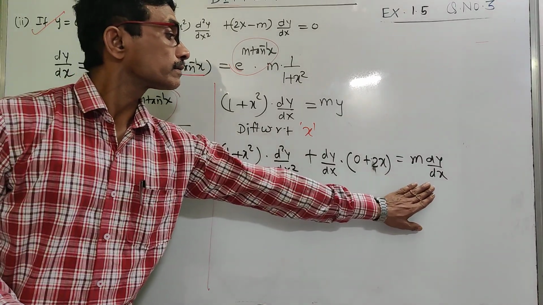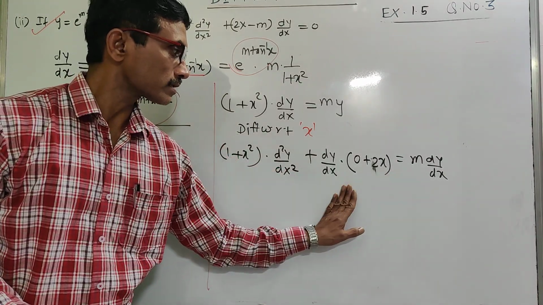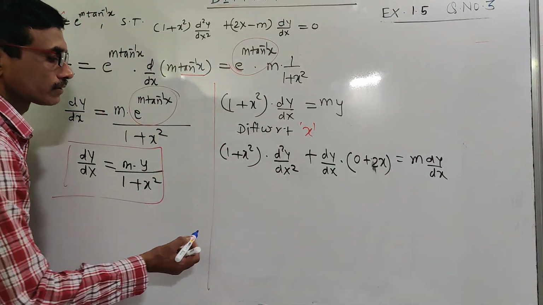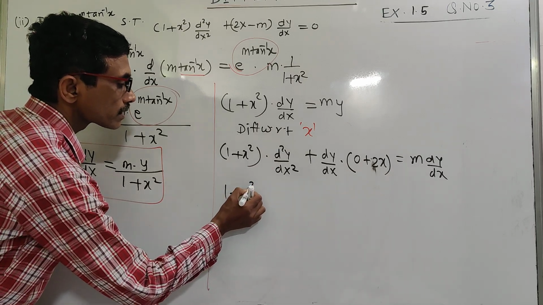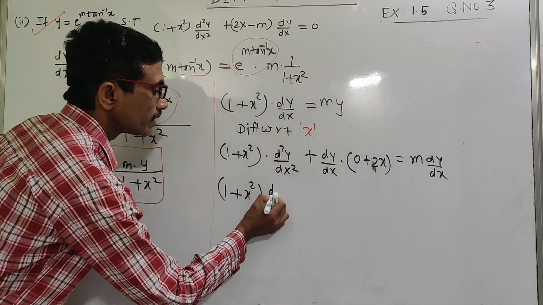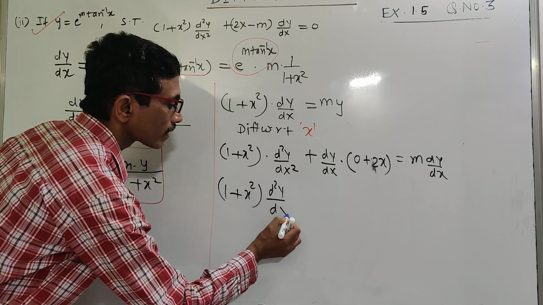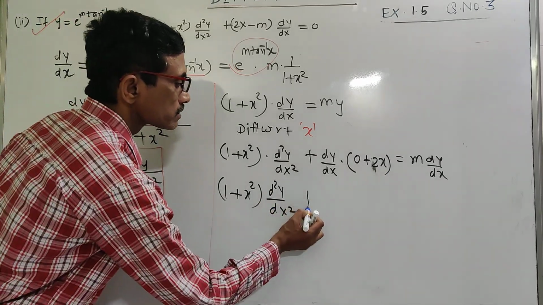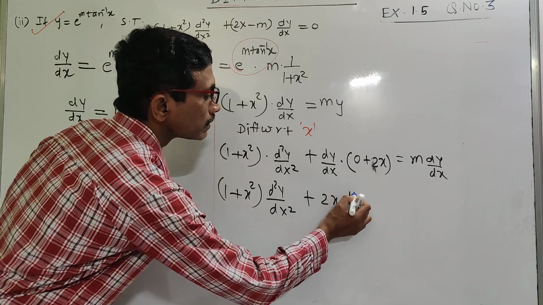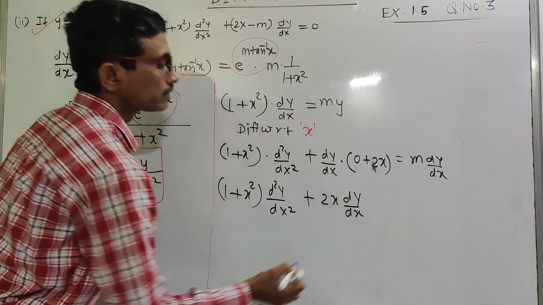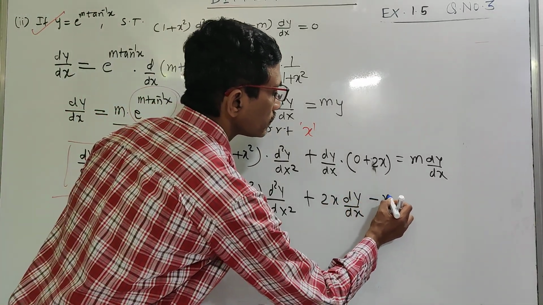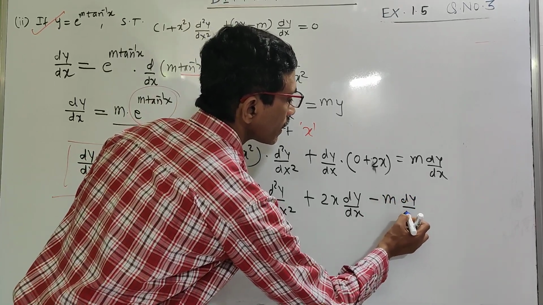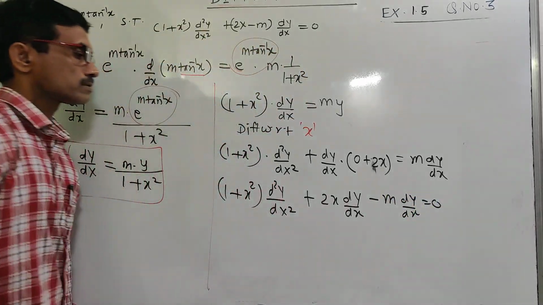Now you simply take this m into dy by dx to the left hand side, so that we'll get 1 plus x square d square y by dx square plus 2x dy by dx minus m dy by dx is equal to 0.